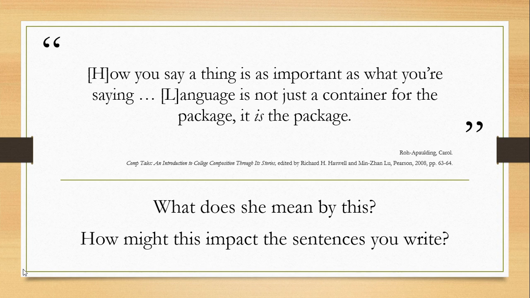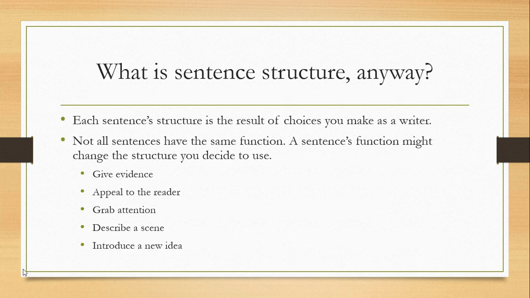Now, this can actually impact how you write individual sentences. But what is sentence structure anyway? Again, each sentence's structure is the result of choices you make as a writer.